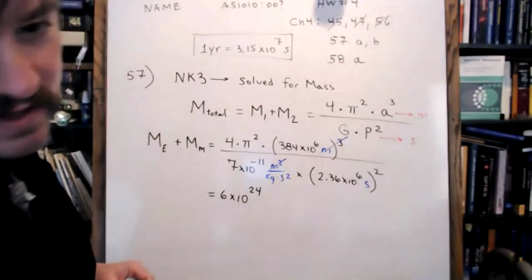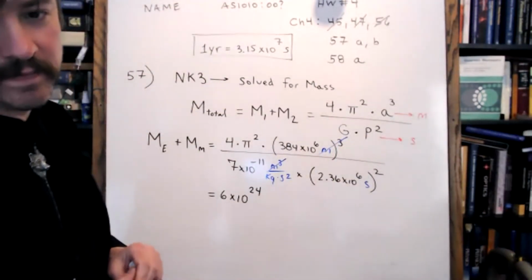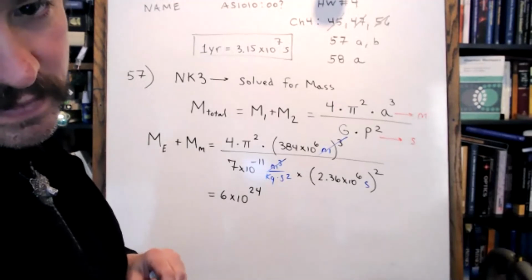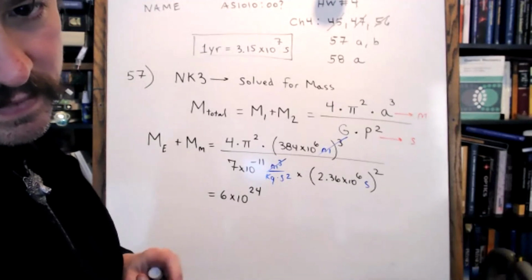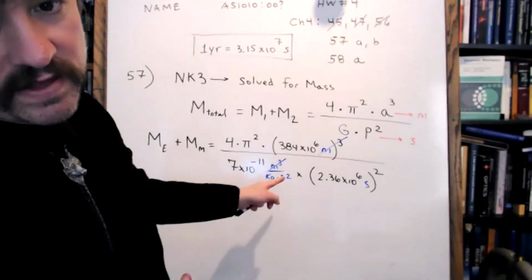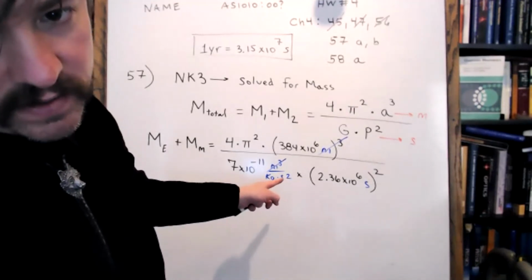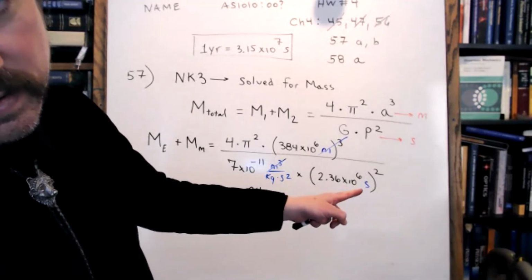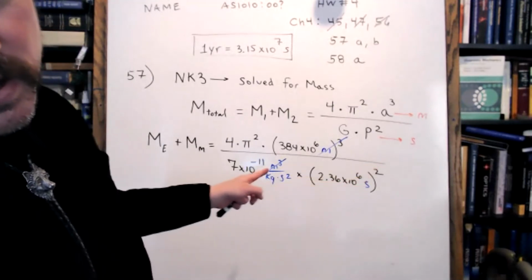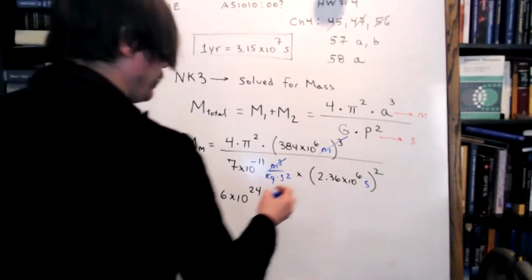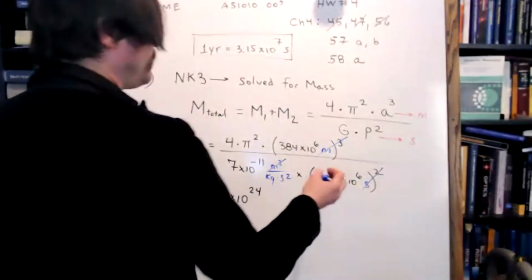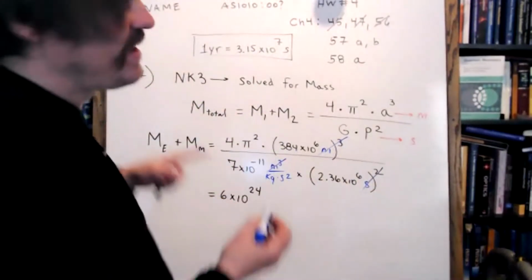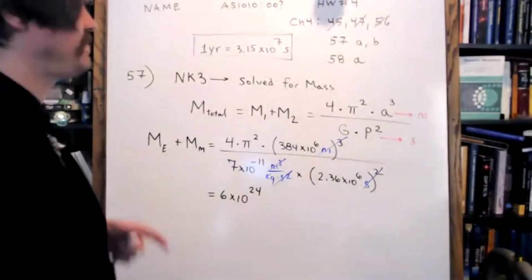Do you see anything else that cancels, Yudi? Seconds? This is seconds squared. Okay. How about over here? It's seconds squared too, right? Because it's also squared. Okay. So it looks like seconds squared on the top of the bottom cancels with seconds squared on the bottom of the bottom.